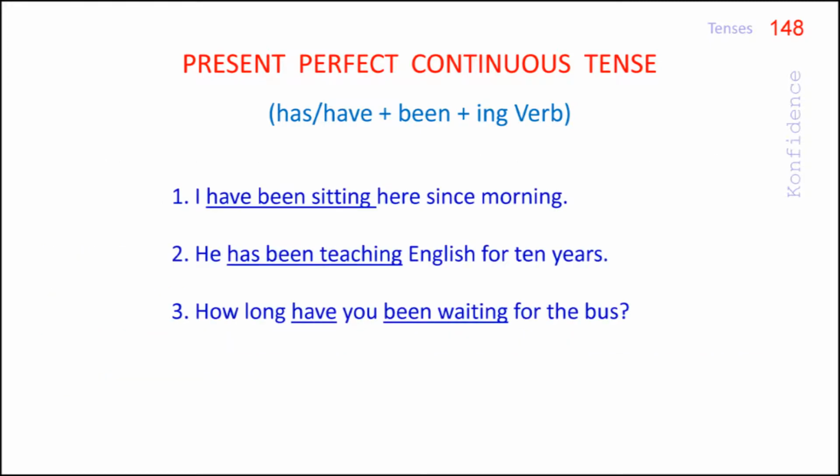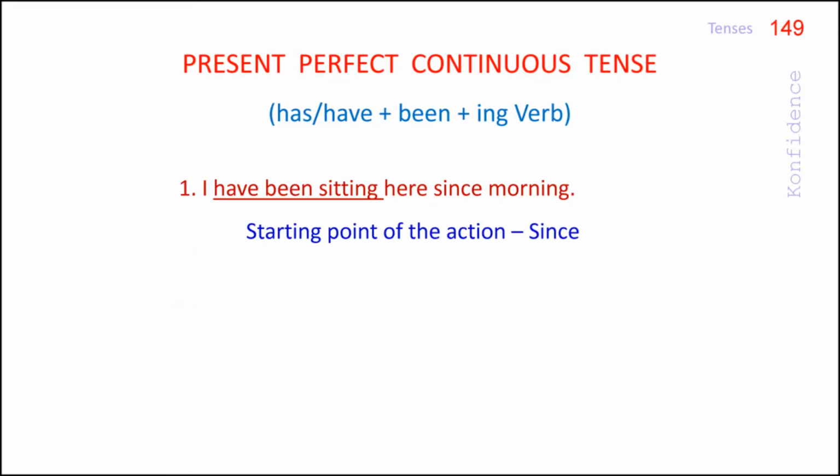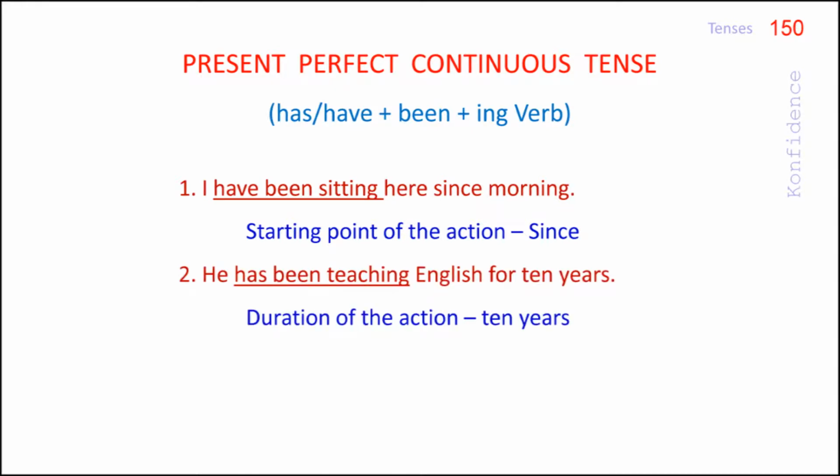Now let us look at the examples in the slide. The first sentence says that the action, that is sitting, started in the morning. Here the starting point of the action is given, so since is used. In the second sentence, duration of the action, 10 years, is mentioned.